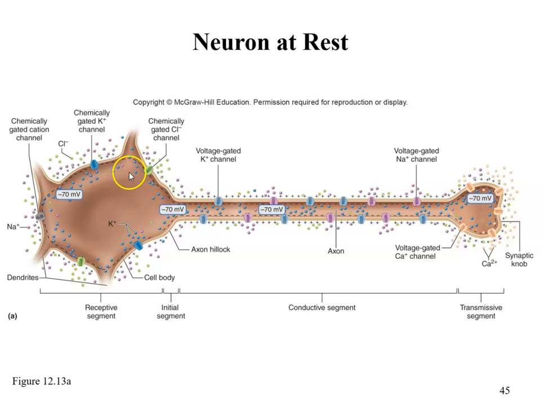Okay, so here you have the cell body and the dendrites coming off of it, and you can see there's a lot of sodium outside of the cell, a lot of chloride outside of the cell. And we have chemically gated ion channels here, chemically gated to receive chemical input from another neuron. Now, when that neurotransmitter binds here and opens these channels, it's going to allow, for example, chloride into the cell, and this will change the membrane potential.